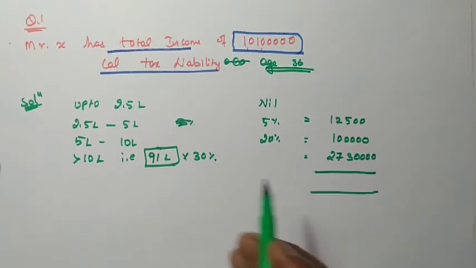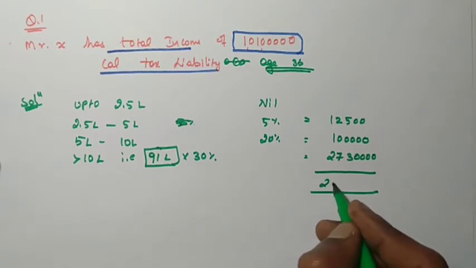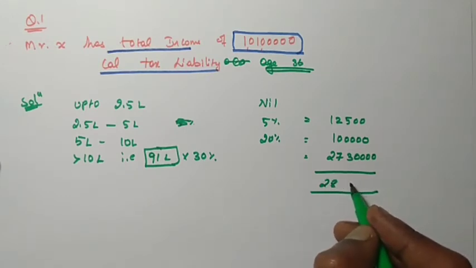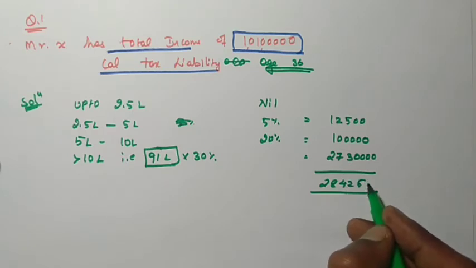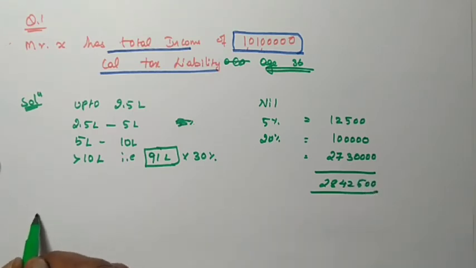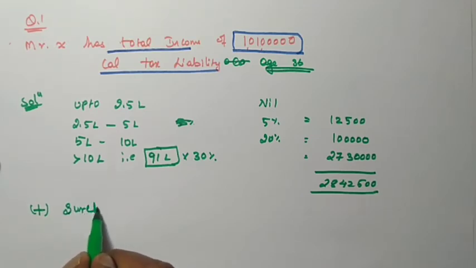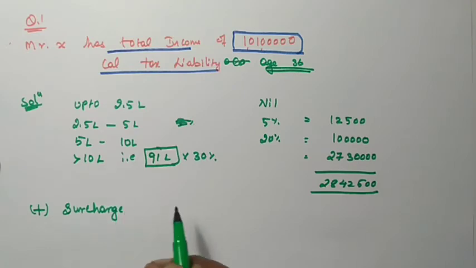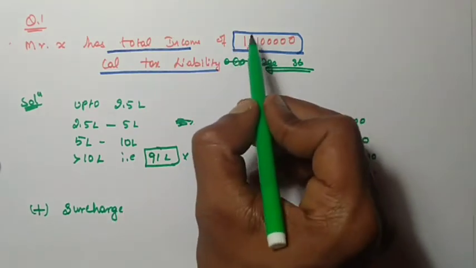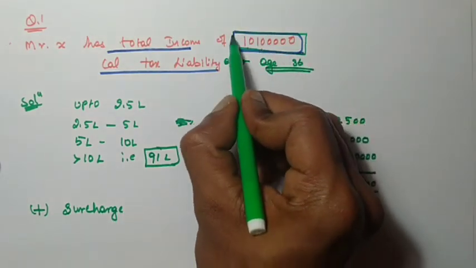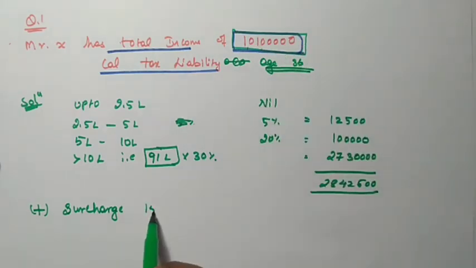Total is 28 lakh 42,500. So here we should add surcharge. On 1 crore, above 1 crore, surcharge is 15%. On which amount?